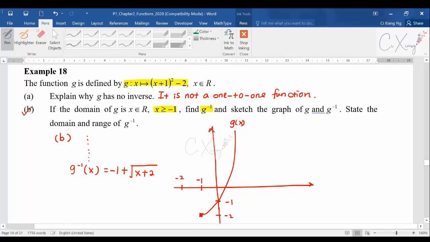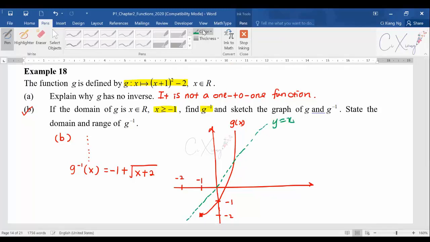After that, what is f(x)? This is my line y = x, and I know that my inverse function will pass through this point. Just now you got (-1, -2), it will become (-2, -1).